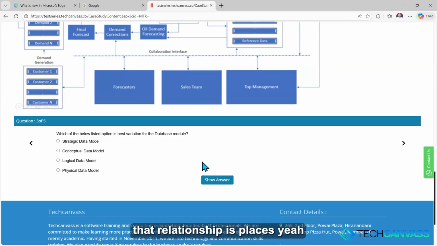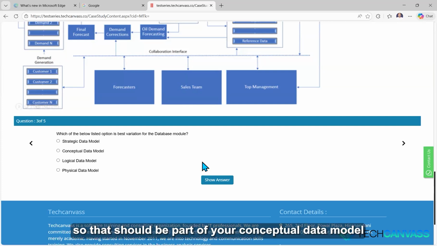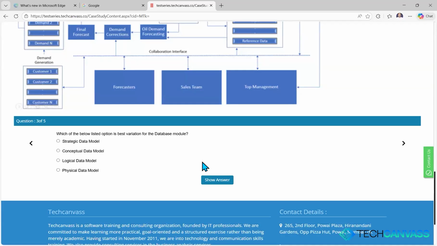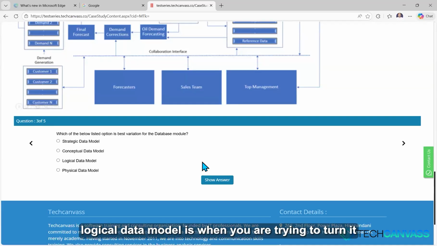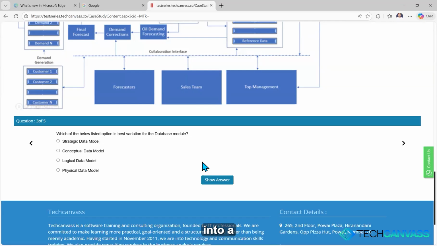Customer places order, that relationship is places. So that should be part of your conceptual data model. Logical data model is when you are trying to turn it into something that maintains the integrity of the data, and that's where we use BCNF.